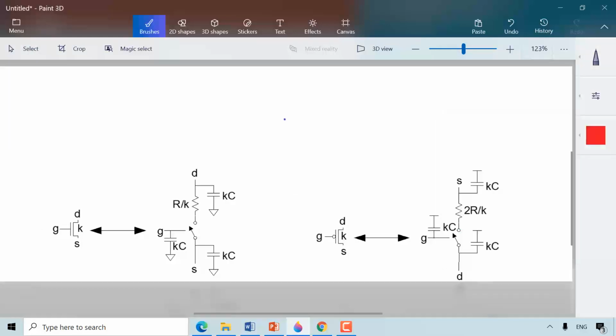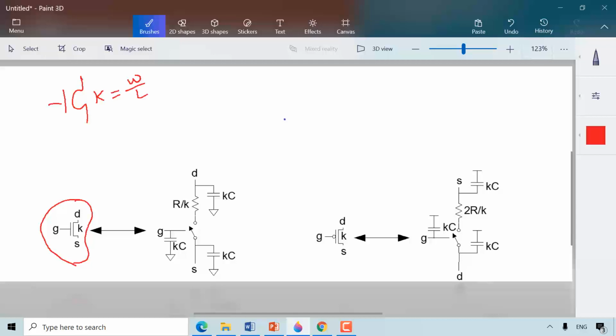So here is my NMOS transistor, and there is a K here. What is K here? Well, K is the W over L, the width of the transistor over the length of the transistor.